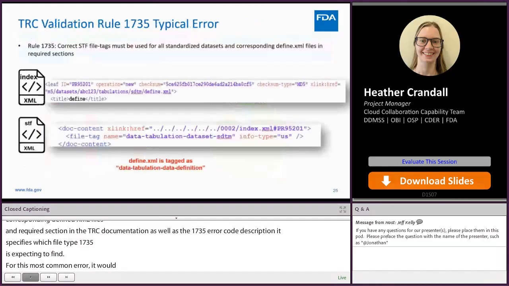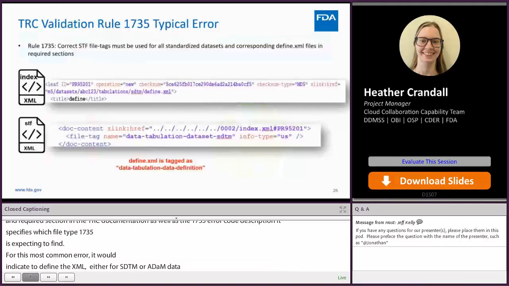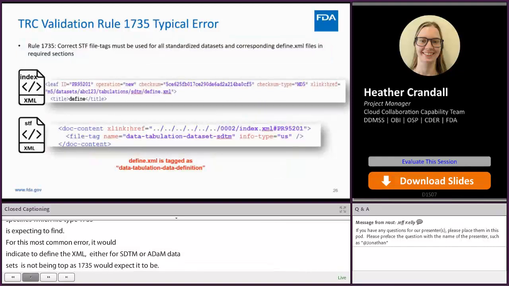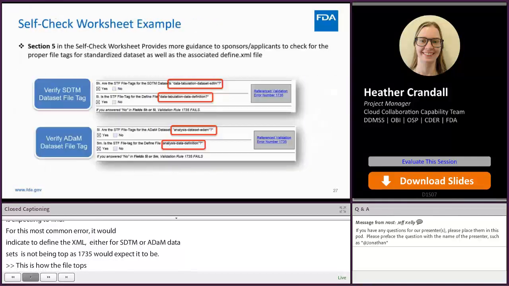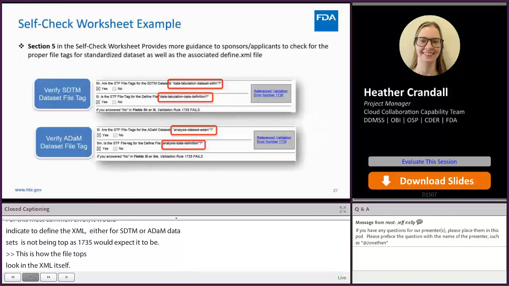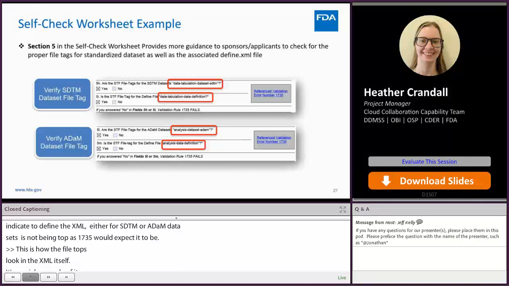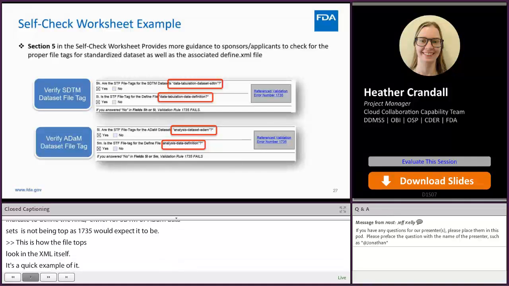And this is how those file tags look in the stf.xml itself. A quick example of where the self-check worksheet can help sponsors avoid this error is in the same section where it populates questions for 1736.